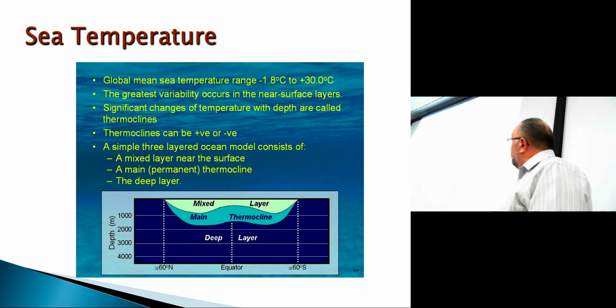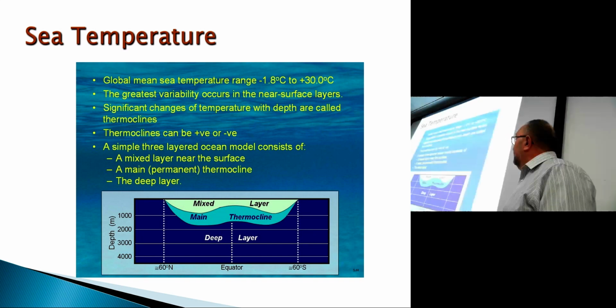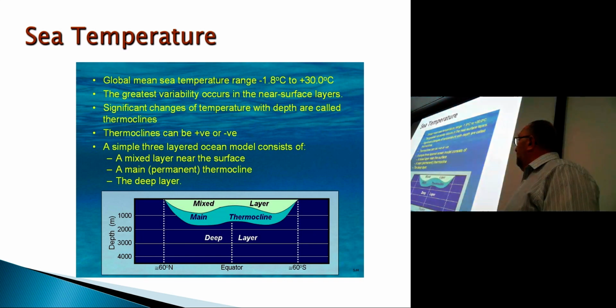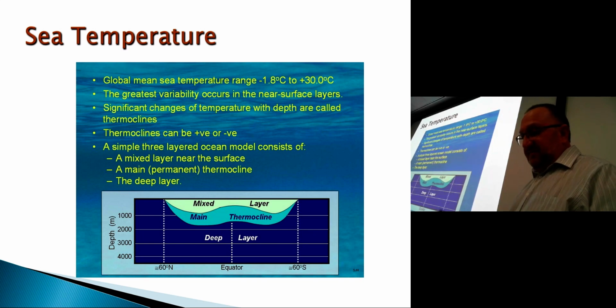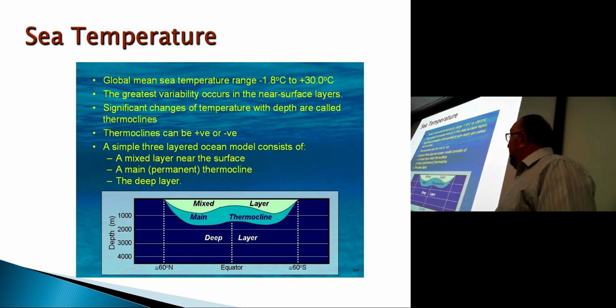Separating the two extremes of water is an area known as the main or permanent thermocline. So mixed layers at the top, deep layers which are fairly constant in temperature, and then between the two, a main thermocline. And a thermocline is a zone where temperature varies with depth.